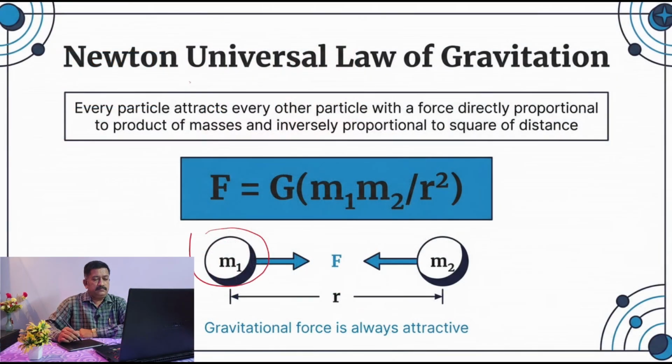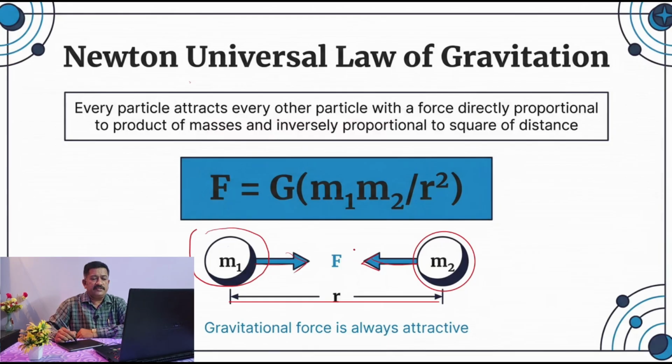So look at this diagram. There are two objects of mass m1 and m2. These two objects are kept at a distance r. The distance of separation is r and the masses are m1 and m2.